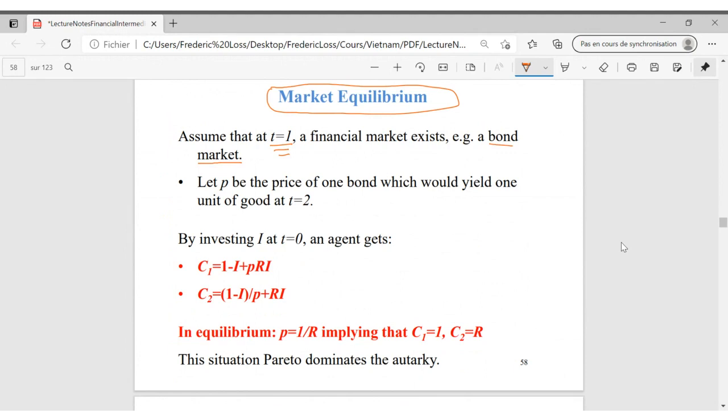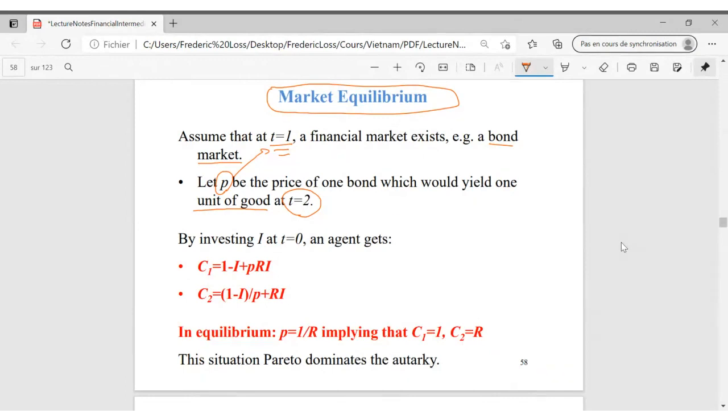If you open a bond market at t equals 1, by paying a price P at t equals 1, you are going to obtain 1 unit of good at t equals 2. So I repeat, if I pay P at t equals 1, at t equals 2 I'm going to obtain 1 more unit of the generic good.